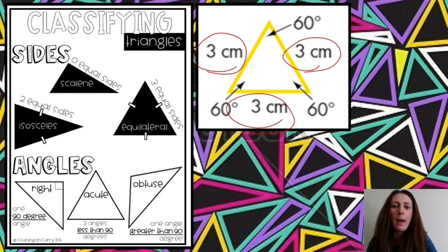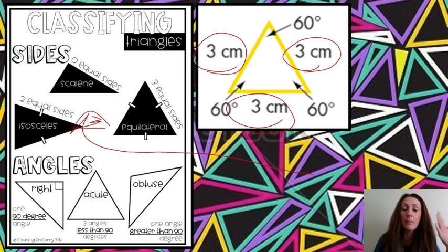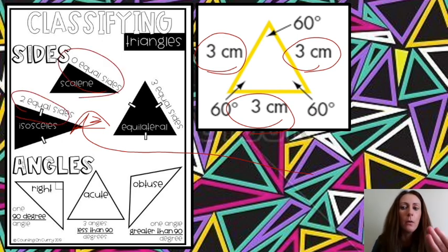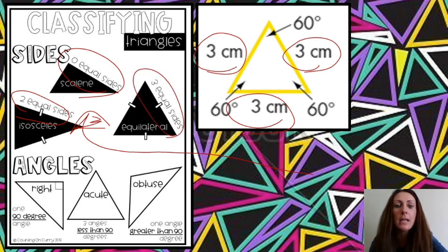So I'm going to go back over here to my chart because I'm having difficulty remembering all of the vocabulary. So I know my triangle has 3 equal sides. Okay, this says 2 equal sides. No. This says 0 equal sides. No. All right, this one says 3 equal sides.